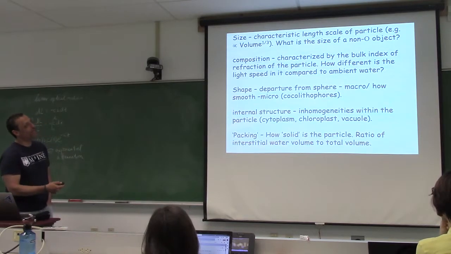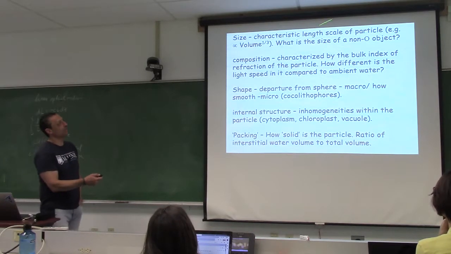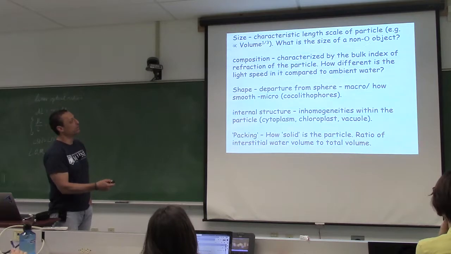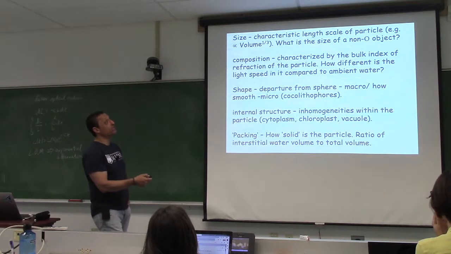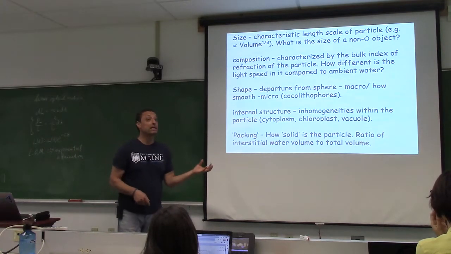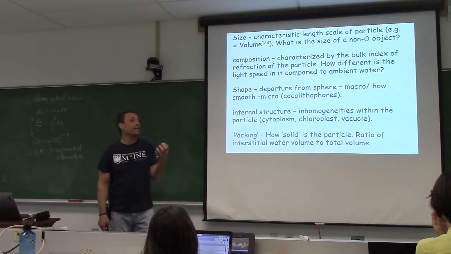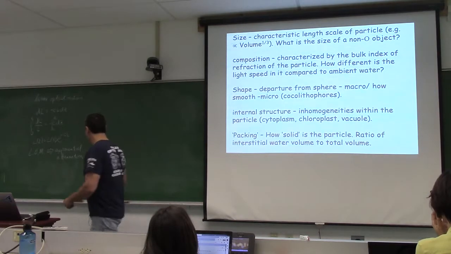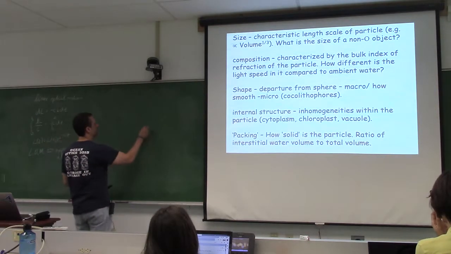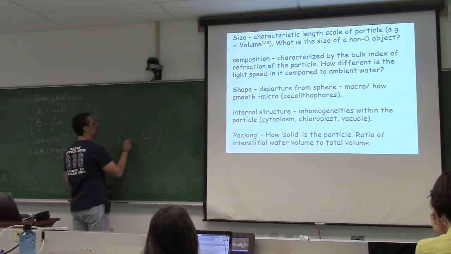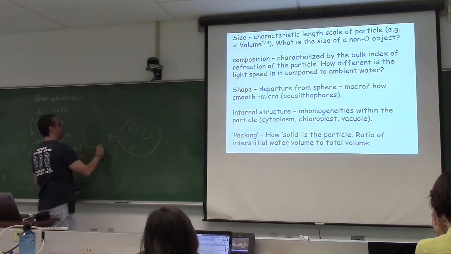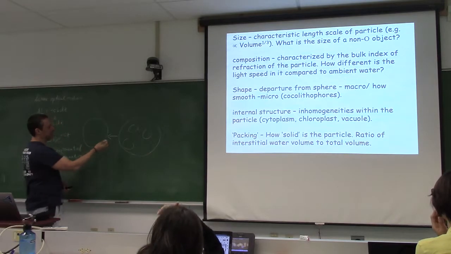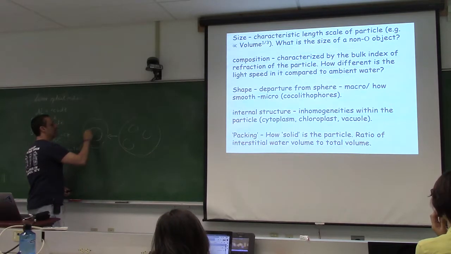So we talked about the size, so you should choose some sort of a size, and we talked about whether you can do it for non-spherical. Composition. Composition is characterized by the bulk index of refraction. They're made of many different materials, these cells. We talked about how they have organelles and things, and we're changing it, in a sense, to have one index of refraction that describes it.